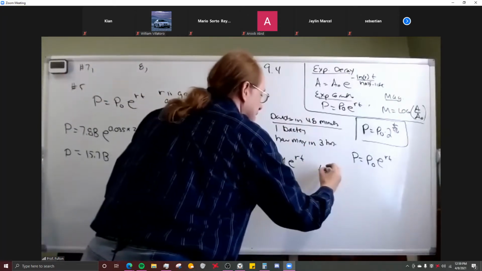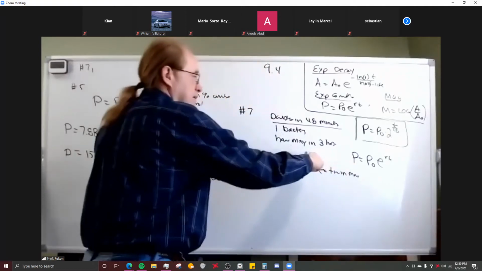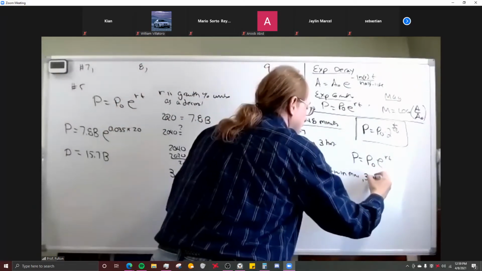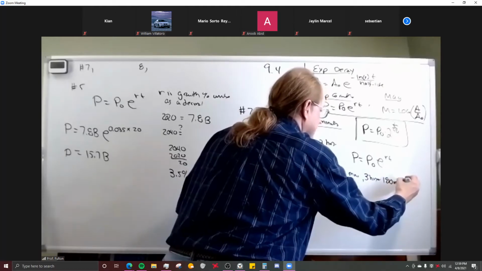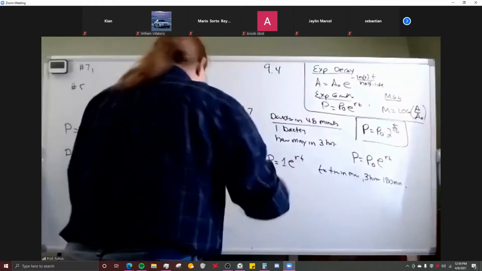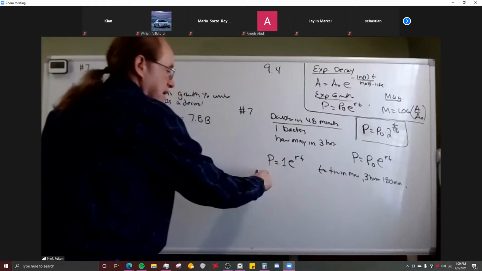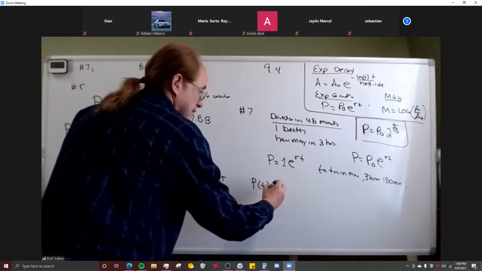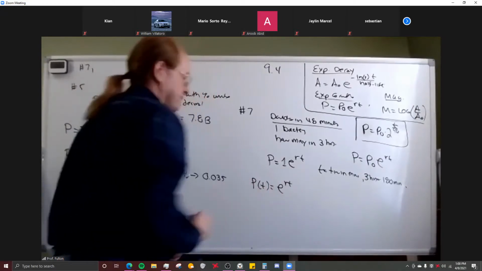See here, 3 hours is equal to 180 minutes. So that's what we're going to be looking for. But now R is what we have to figure out. This is now a function of time, so P of T is equal to e to the RT.